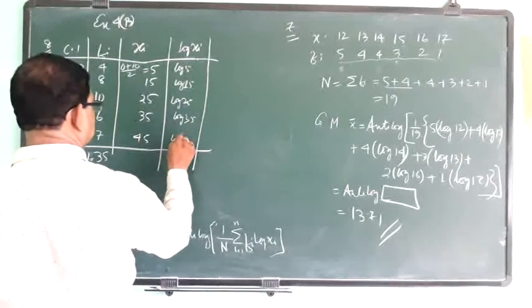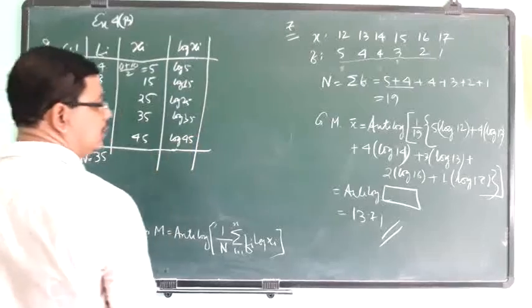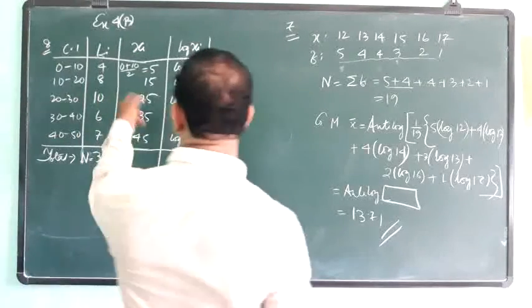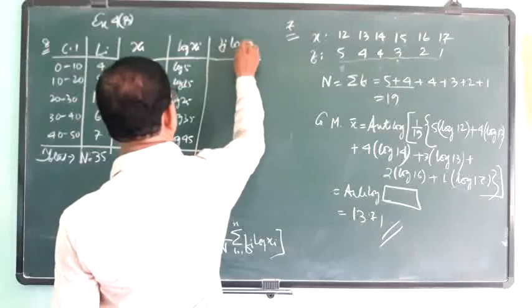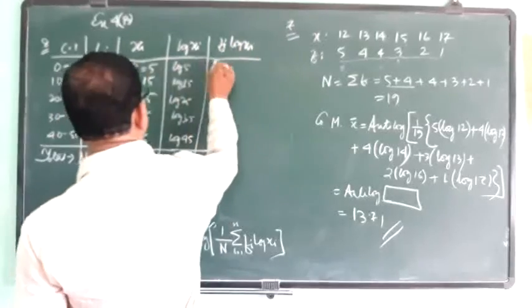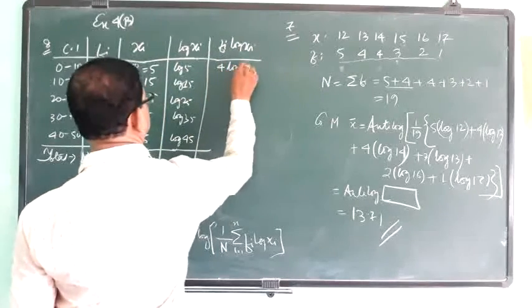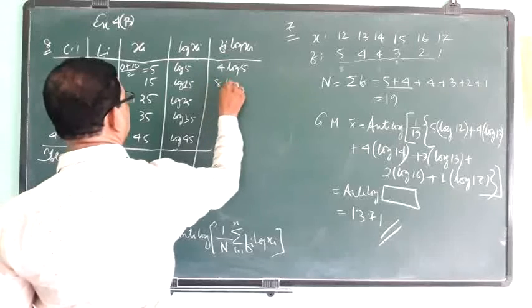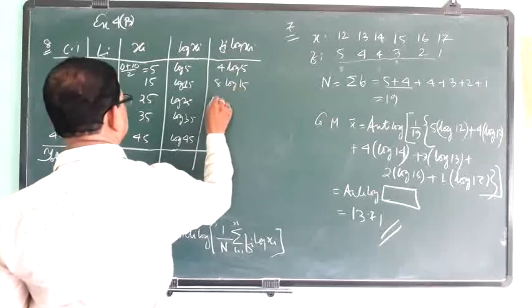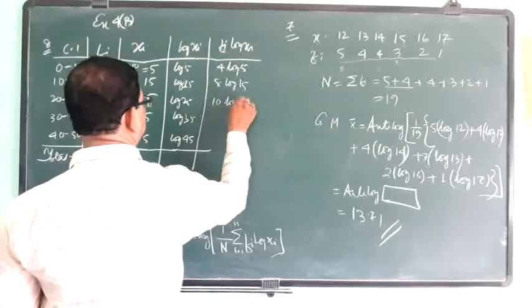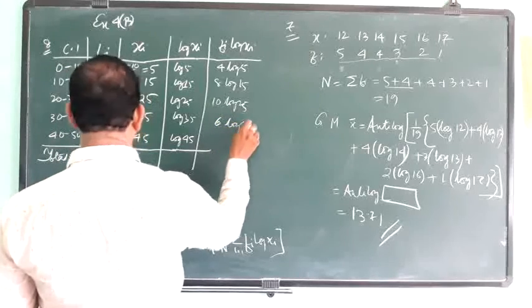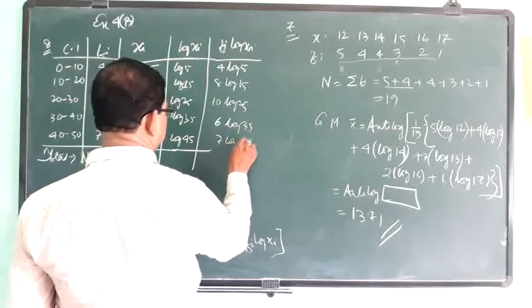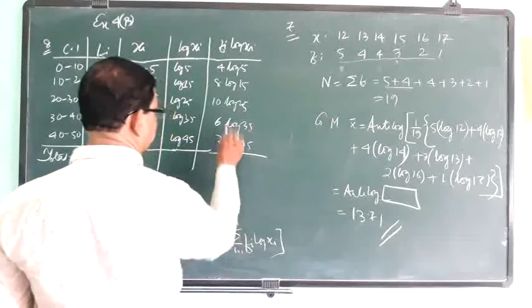Then each term of log xi you have to multiply with fi. So fi into log xi: 4 into log 5, 8 into log 15, then 10 into log 25, then 6 into log 35, then 7 into log 45. Then you have to add.